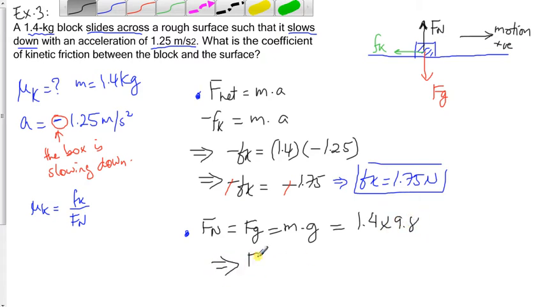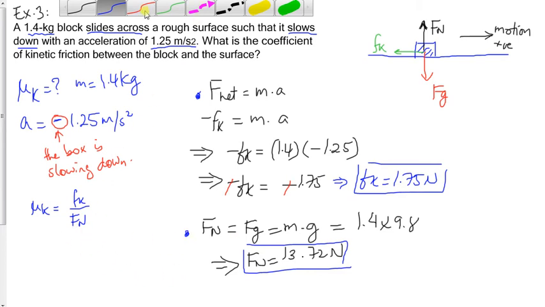So Fn is equal to 13.7 Newton. Don't forget the unit. You should never forget the unit. Okay, so now I have them both. I have Fk, I have Fn.